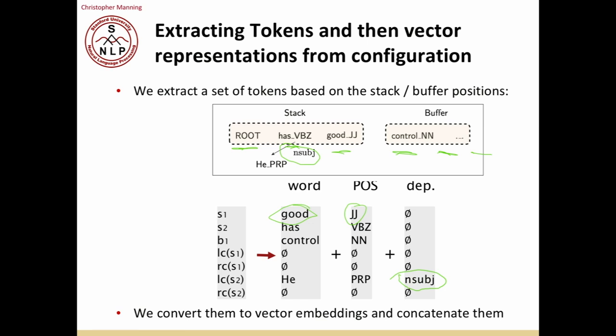So we've got a triple for each position, and we're going to convert all of those into a distributed representation, which we are learning, and we're going to use those distributed representations to build our parser.